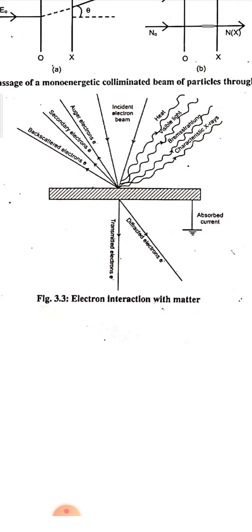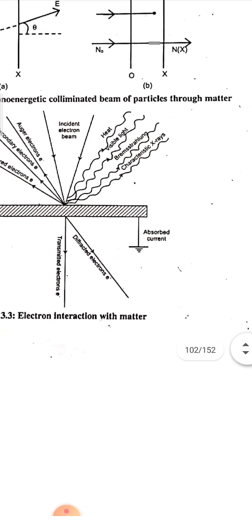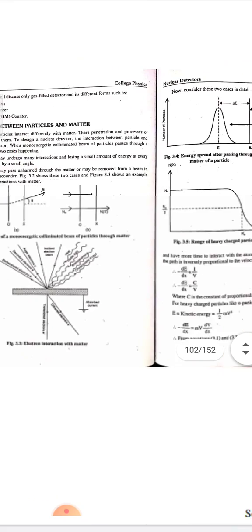It may give heat, visible light, or characteristic X-rays, or Bremsstrahlung, or it may be diffracted or transmitted electron. Okay, those cases are possible when this is happening.